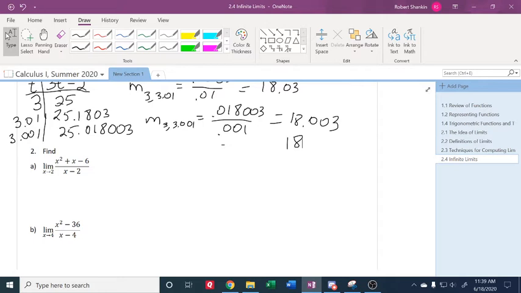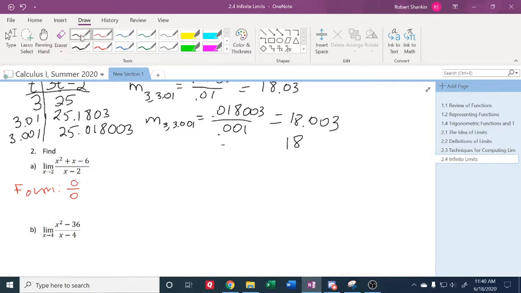Okay, anybody still need more time on 2A? If not, then let me go ahead with that. The first thing I'm going to do is state the form. The form is, when I plug in 2, I get 4 plus 2, 6, minus 6, 0 over 0.